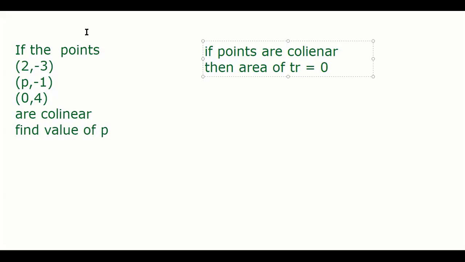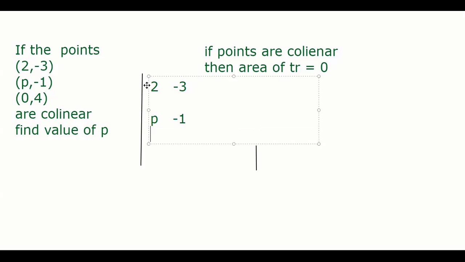So use the determinant again. We'll write the 3 points here. So what are they? 2, minus 3, p, minus 1, 0, 4. For the last column, we always know it should be 1, 1, 1. And the area should be 0.